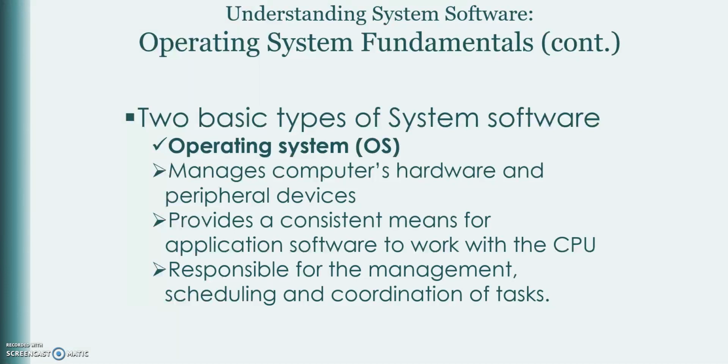It provides a consistent means for application software to work with the central processing unit, or your CPU. It's responsible for the management, scheduling, and coordination of tasks. And we interact with our operating systems through something called the user interface, or a UI. Okay, and that would be like the desktop, the icons, and the menus.